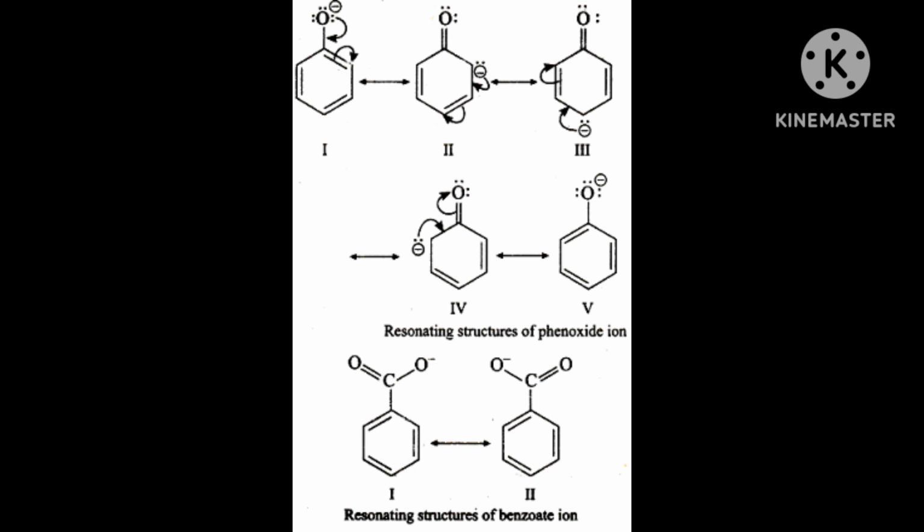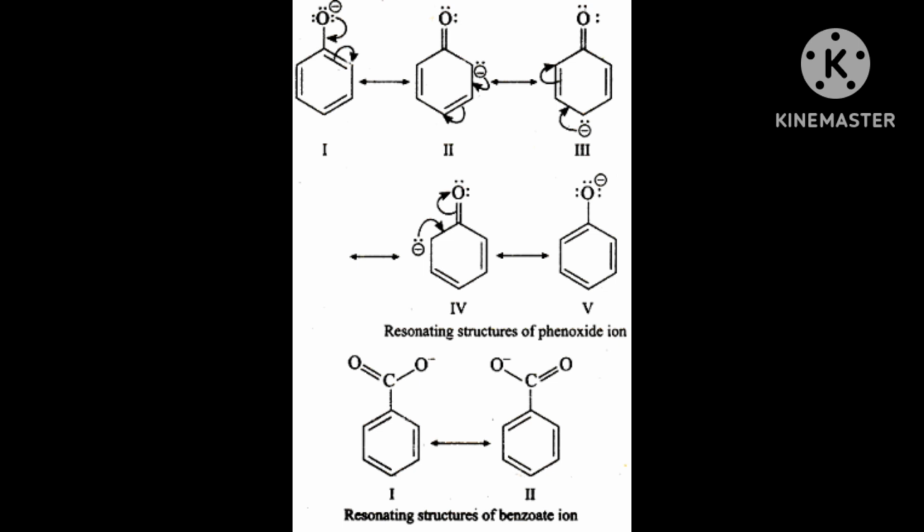In the normal case, as in phenol, oxygen has two lone pairs of electrons. But when H goes as H plus, its electron will be taken by oxygen.